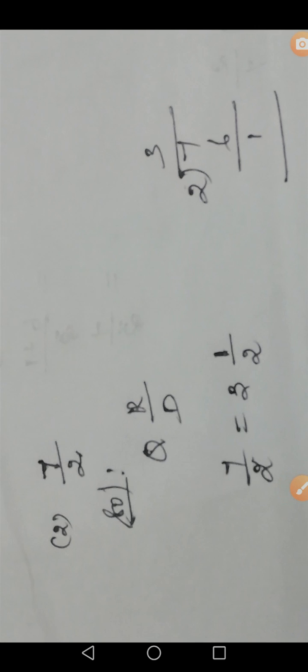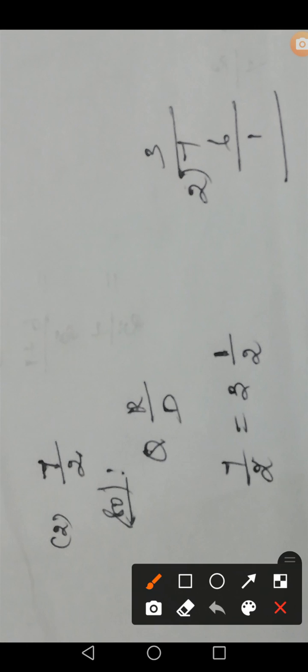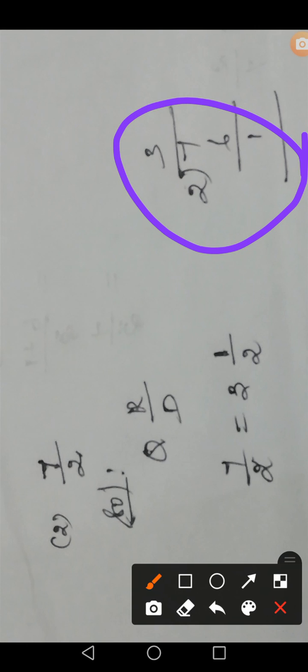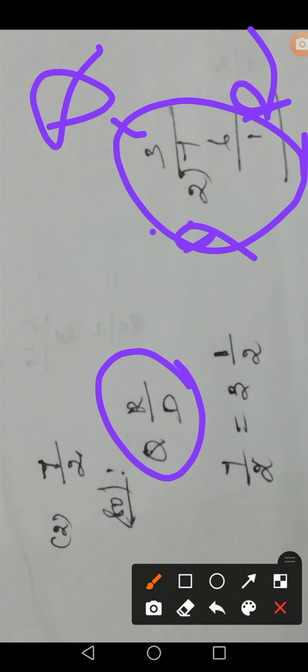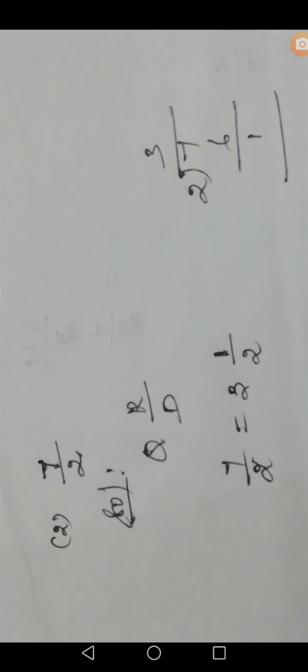This is an improper fraction. First we divide: 7 divided by 2, we get 3 as the quotient, 1 as the remainder, 2 as the divisor. So we know the formula: quotient, remainder over divisor. We implement the same values in the same place. We get 3, 1 by 2. That is the solution.